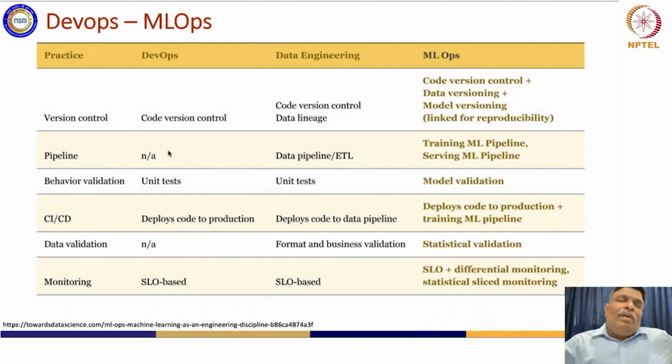So monitoring was done on service level agreements. In case of MLOps, there are service level objectives and agreements, and then there is something called differential monitoring and statistical slice monitoring. This is basically an advanced version of monitoring things, right? We're not going into the details of any of this, but trying to link DevOps with MLOps, along with the new pipeline which got introduced because of data engineering.